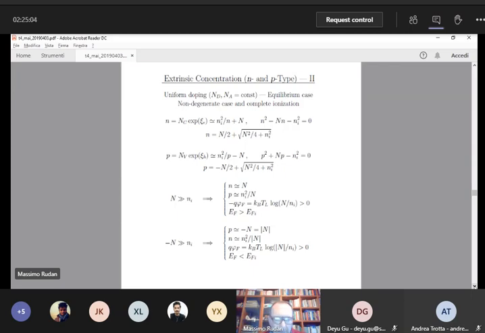If instead one has the case in which the acceptor concentration prevails, one must calculate the concentration of holes, again using the algebraic equation, to find p equal to minus N over 2, but N, you remember, is negative in this case, plus the square root.